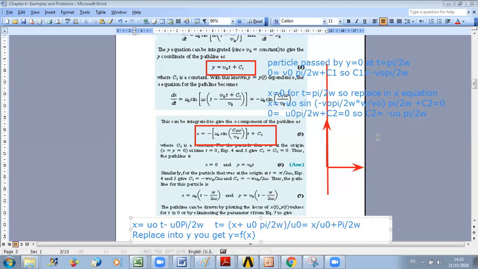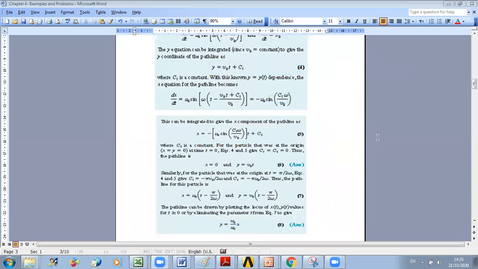And this is what you can see here, because when you replace t by its function of x, you will get your path line is y equal v0 over u0 times x.